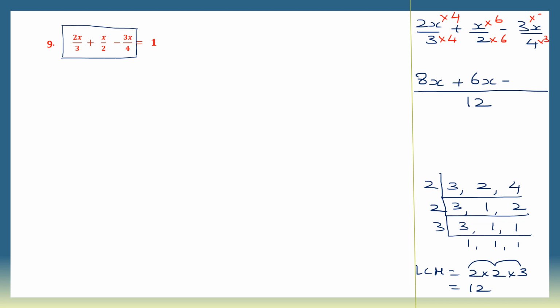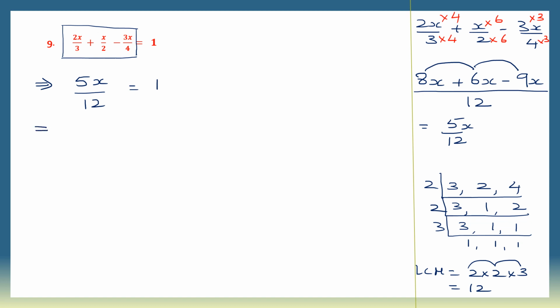So multiply this by 3. 3 3s are 9. So that is 9x. Now let's work out. 8 plus 6 is 14. 14 minus 9 is 5. So we've got 5x by 12. So let's write that down here. 5x by 12 equals 1.